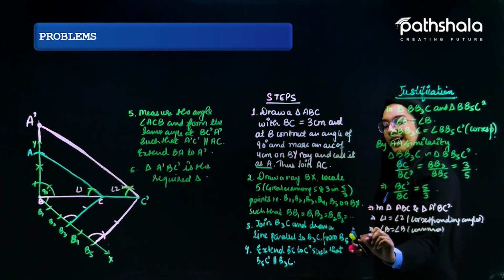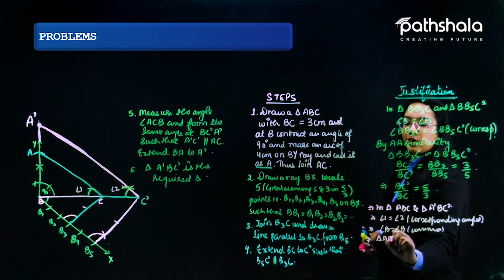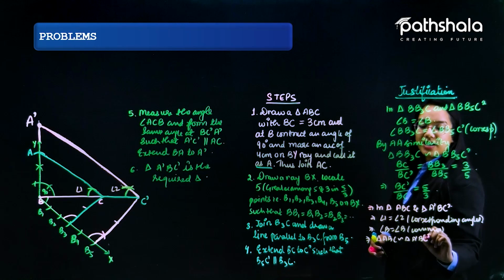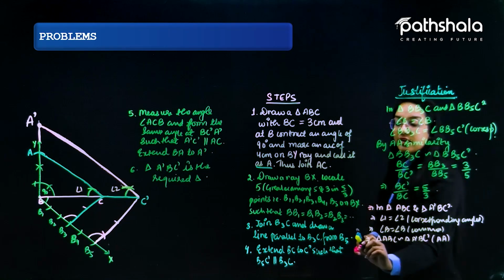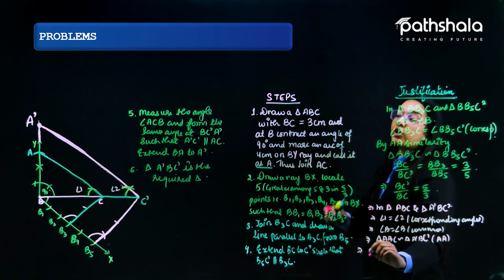So we can say that the two triangles are similar to each other by angle criteria. So by CPCT, all the ratios of the sides are equal to each other.